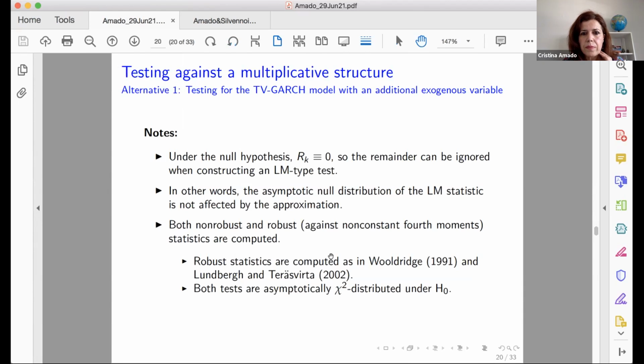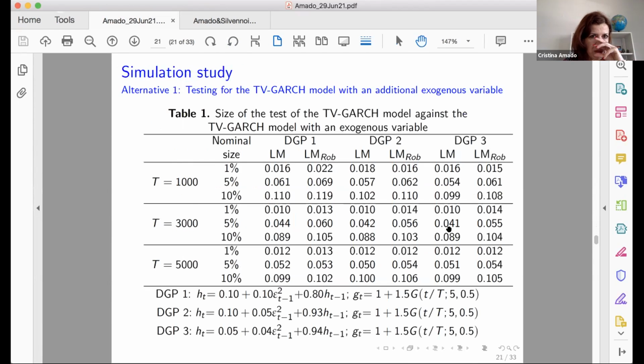And then the robust statistics are computed as in Ullrich 1991. So the simulations work very well for this alternative one. I actually have results for the other 2 alternatives.